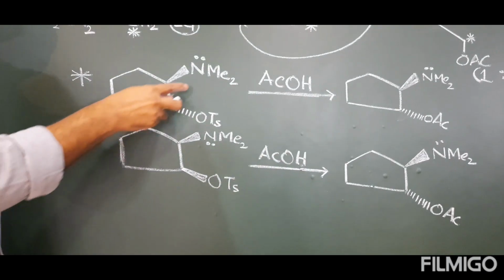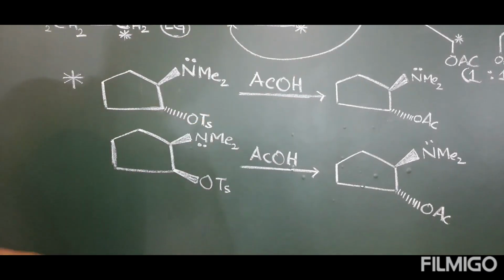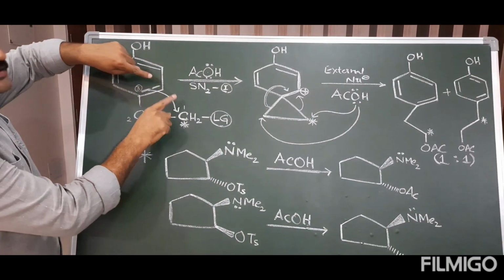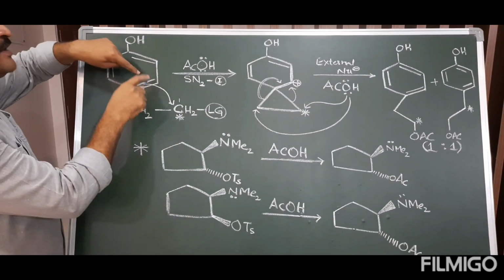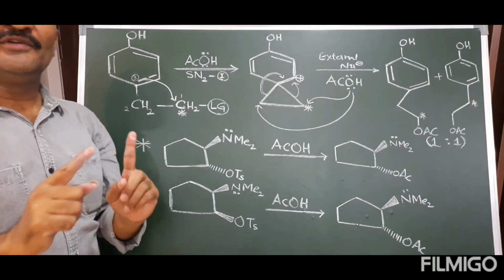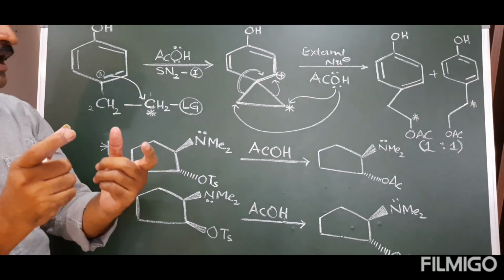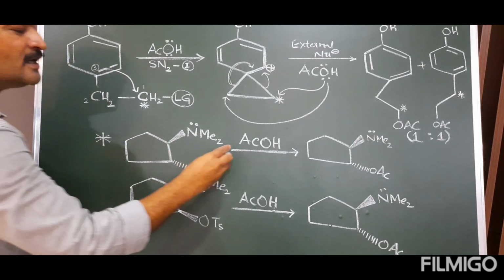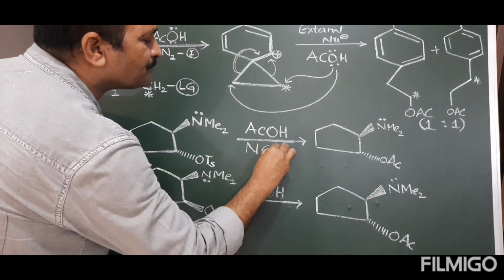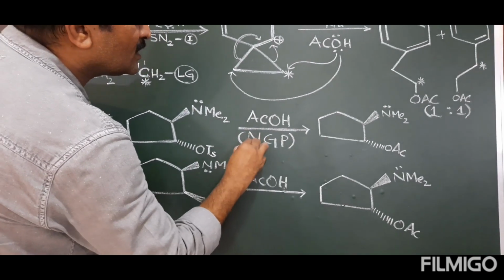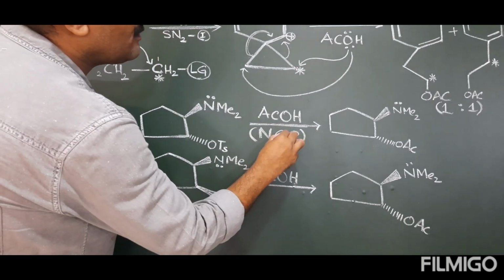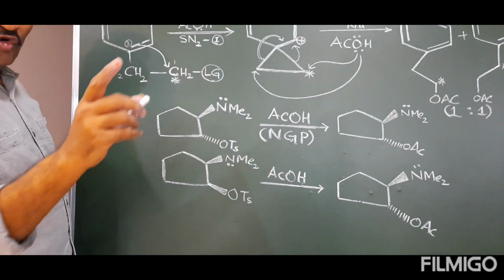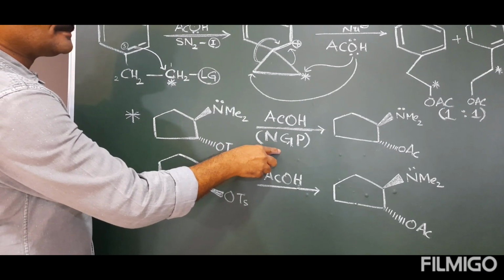But in the NGP reaction, the neighboring group will attack from the backside. That is possible only when the neighboring group and the leaving group are present in the anti position. So here the NGP reaction is possible. You have to remember, students, only when the neighboring group and the leaving group are anti to each other is NGP possible.